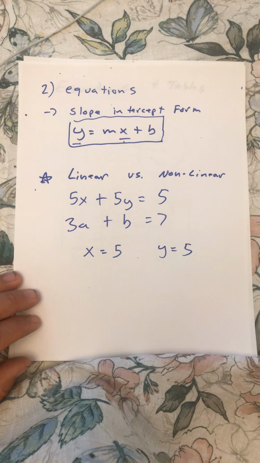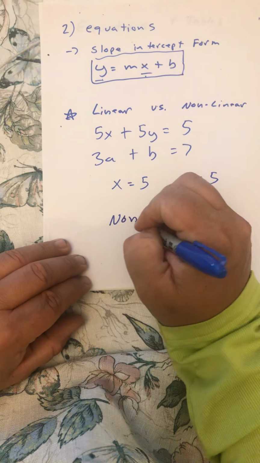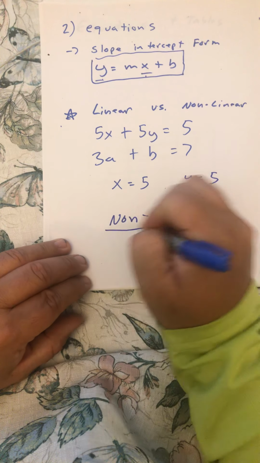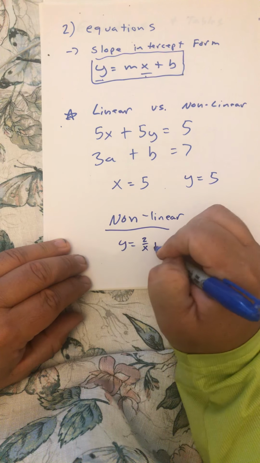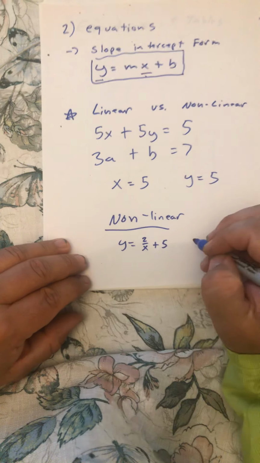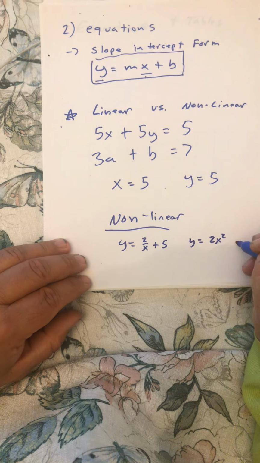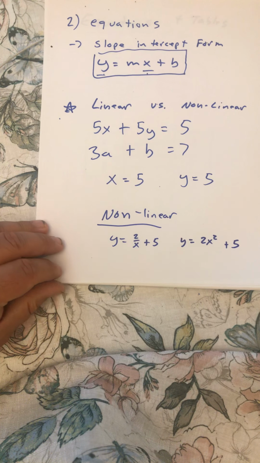And I think that's where a lot of people got confused. So remember, nonlinear equations, there are a couple of things that we have to remember. Number one, y equals 2x plus 5. Remember, the x can't be a denominator, and another common one is y equals 2x squared plus 5, where x cannot have an exponent.